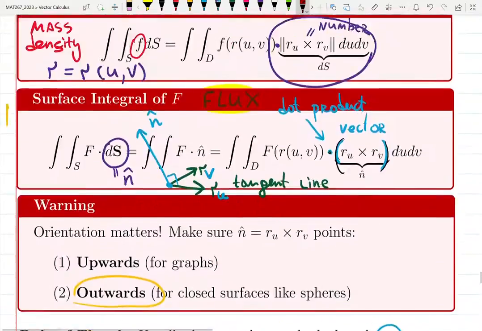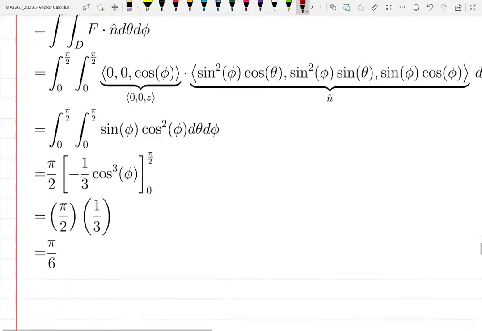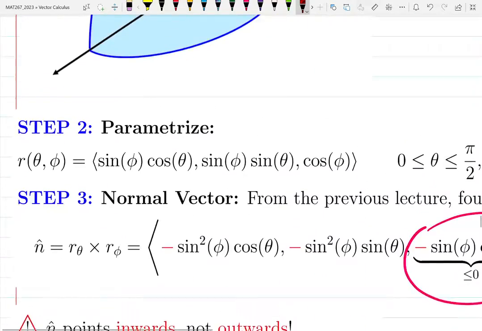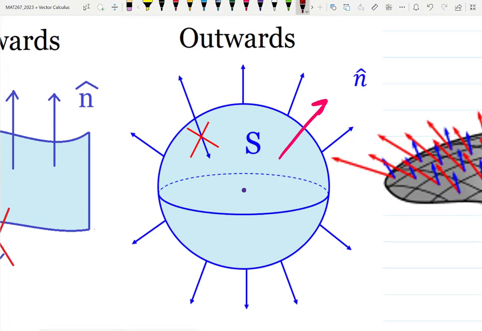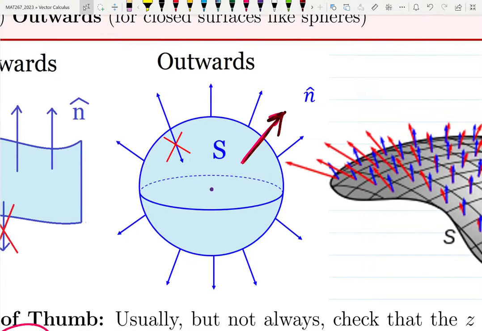There was a beautiful picture over here. I wanted to show you this. If they ask about the positive one, it should look like this. It should go out, not in. But if they ask to calculate the flux that goes in, then we can find that too, but this is called the positive direction.